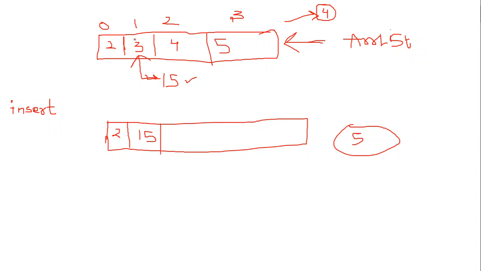After that 3 will move here, 4 will move here, and the last element will come here automatically. So in case of arrays we were losing this element, but in case of array list our element is not lost, because array list has the capability to resize its shape at runtime. Are you able to see why array list is better than array?